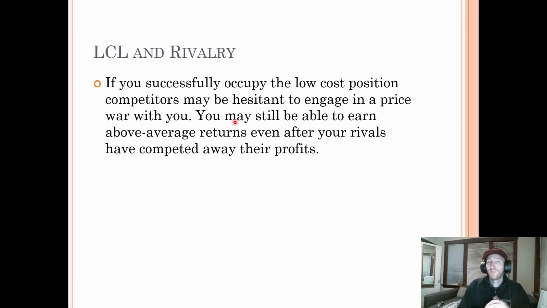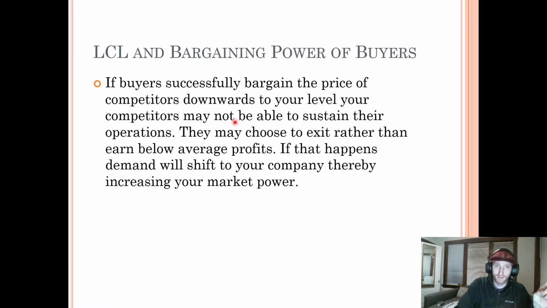You could probably still earn above-average returns even after your rivals have competed away their own profits. With the bargaining power of buyers, if buyers bargain the prices of competitors down to your level, the idea is that if you are more efficient, your competitors are not going to be able to sustain their operations, and they may get out rather than earn below-average profits.